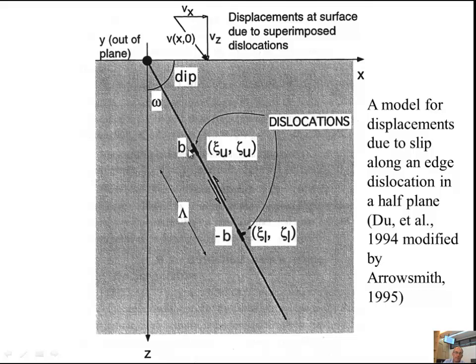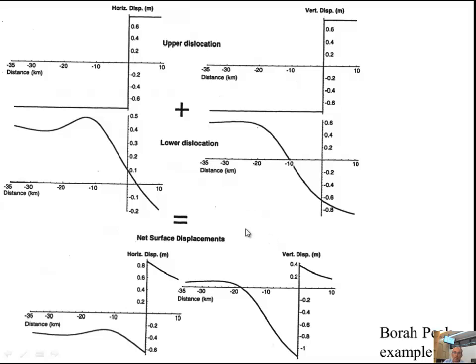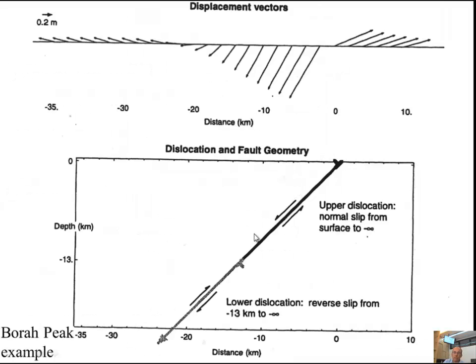And we only have this finite source of deformation from here to there, this length lambda. So, in the case of the dip slip, we calculate the horizontal and the vertical displacements. So here's the main equations that we would use, so we can go back through that. But let's just do Bora Peak first.